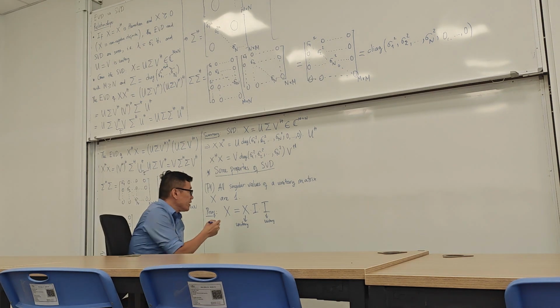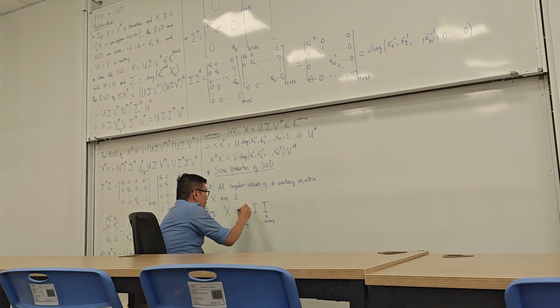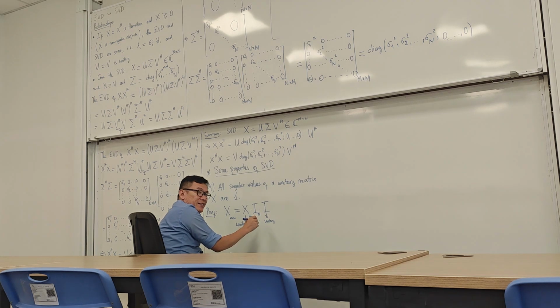And then you see, imagine this is n by n. This identity must be of which size? Actually, this is n by n.